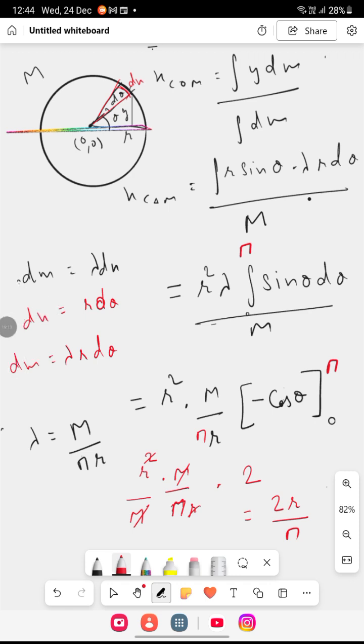So this is the center of mass for a half ring.